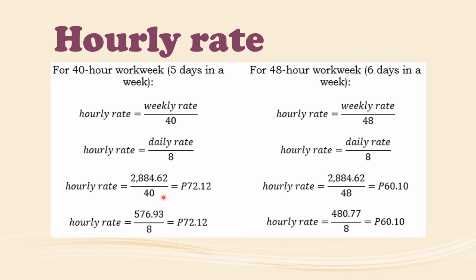The employee who worked 5 days in a week will receive 72 pesos and 12 centavos as an hourly rate, or hourly rate is equal to daily rate, which is 576 pesos and 93 centavos divided by 8 hours, equal to 72 pesos and 12 centavos.